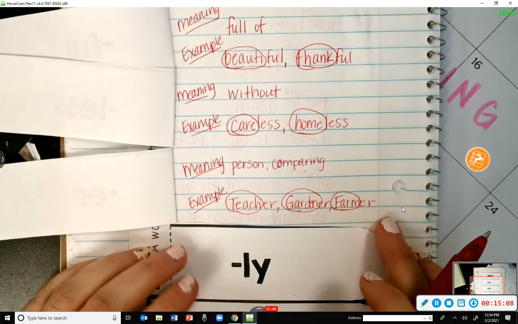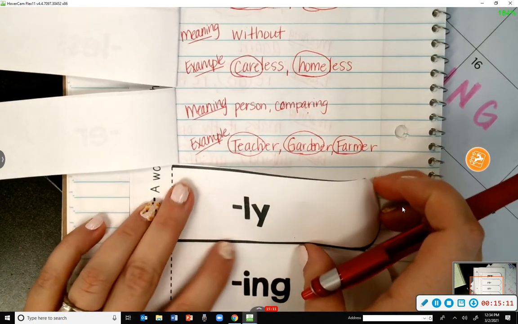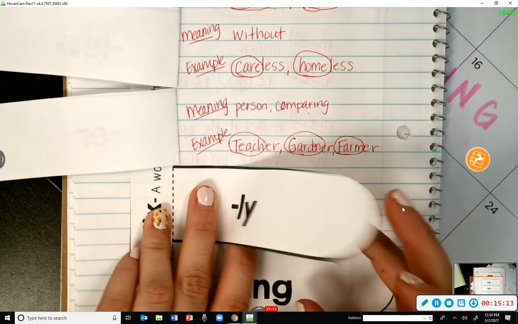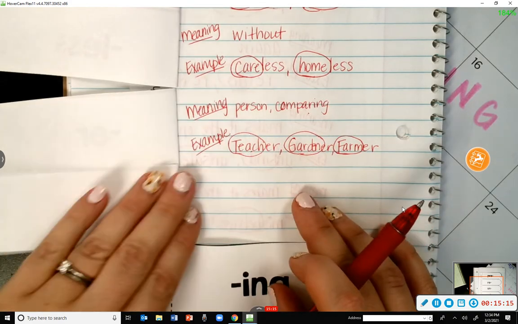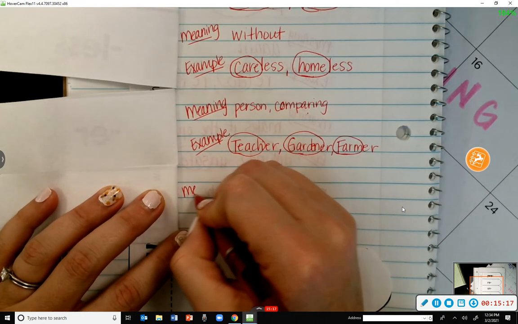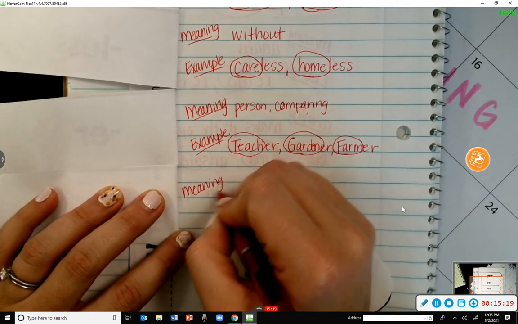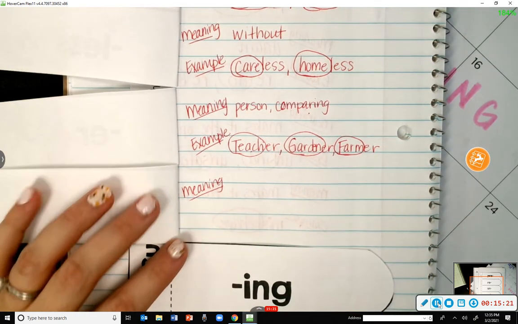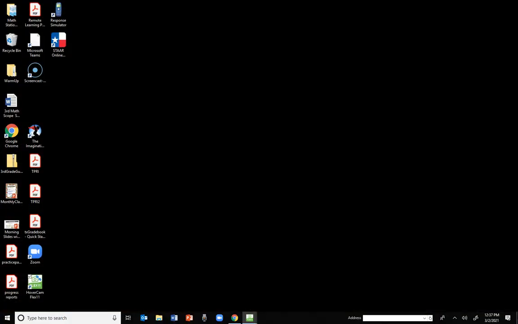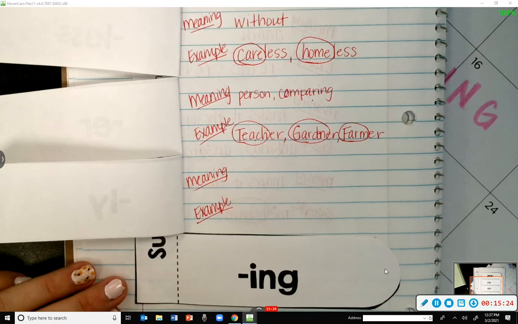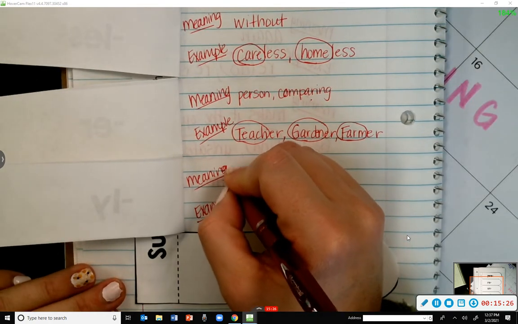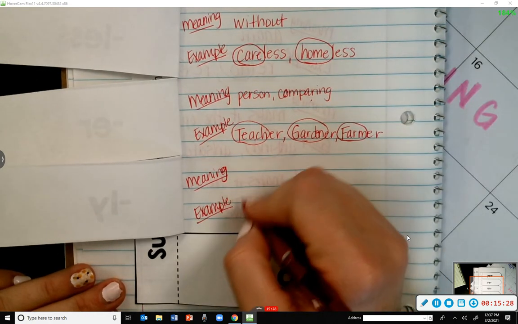Okay? Two more. LY at the end of a word. The meaning. Okay, so, lovely. Lovely is a good one.